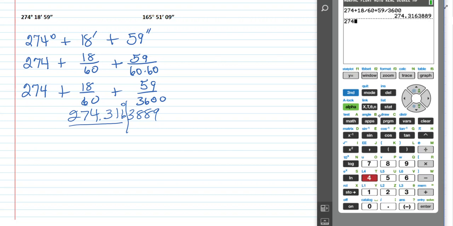Now we're going to do it by calculator. 274, second apps, and I'm going to hit 1, enter. Then I'm going to enter the 18, second apps, and I'm going to do number 2. There's my second. Then I'm going to enter the 59, alpha plus, and then I'm going to hit enter.